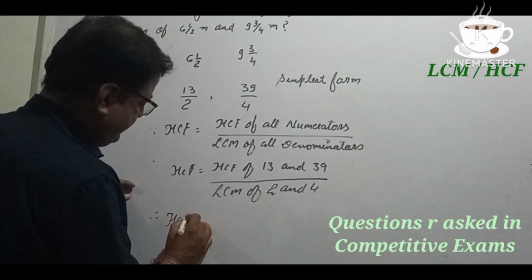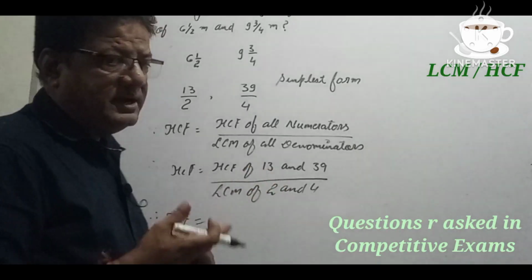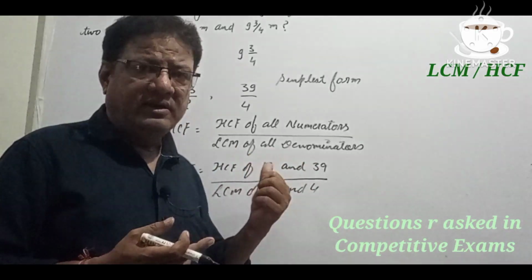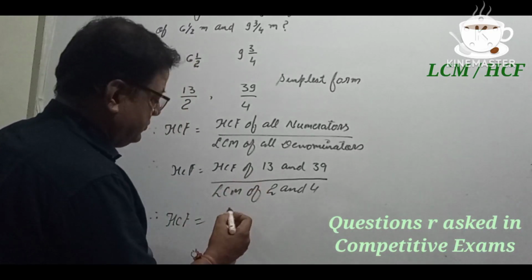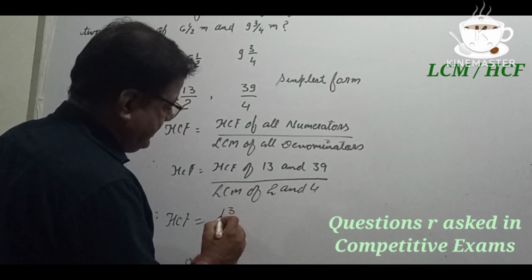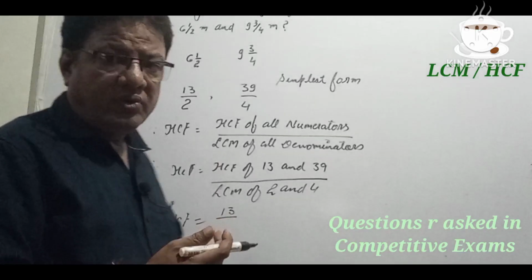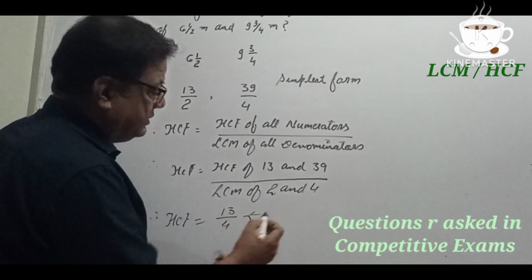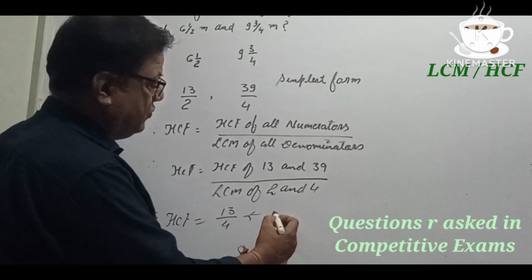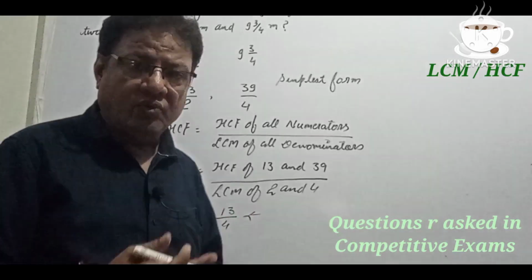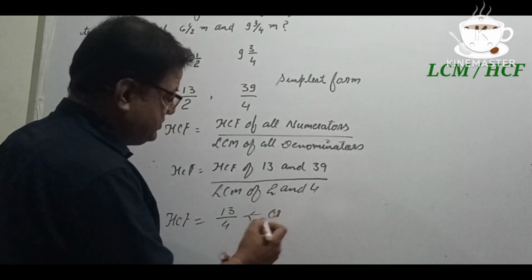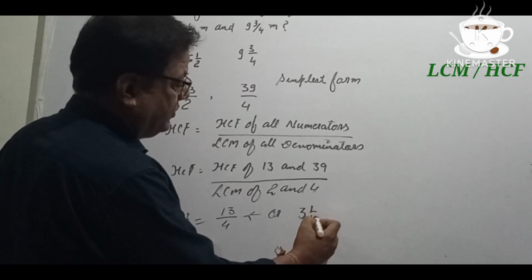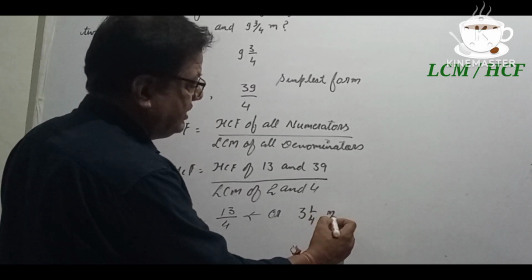The SCF of 13 and 39 is 13, because 13 can divide 39 and itself. So the SCF is 13, and the LCM of 2 and 4 is 4. The answer is 13 upon 4, or in simpler form, 4 3s are 12, 3 1/4 meters.